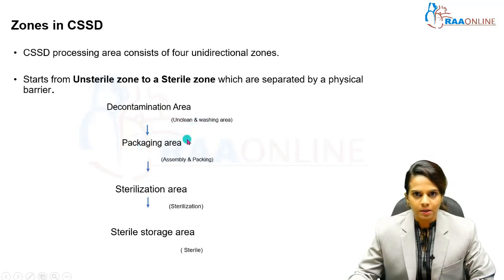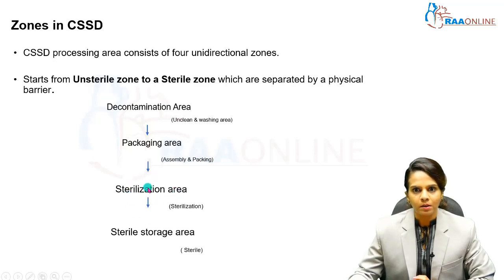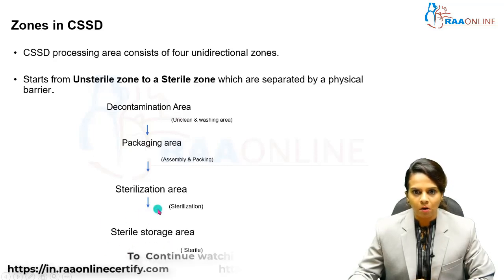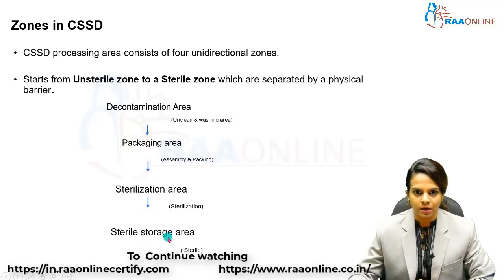Then comes the packaging area, where the equipment and devices are assembled and packed and made ready for sterilization. Then comes the sterilization area, where the sterilization process is carried out. And then comes the sterile storage area. Once the sterilization process is over, the equipment and devices are stored in the sterile storage area, and from this area they are issued for further use in the concerned department.